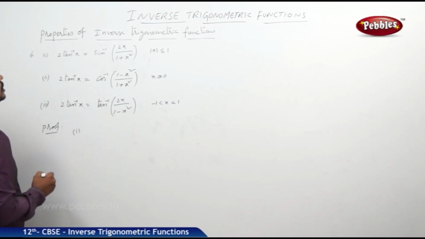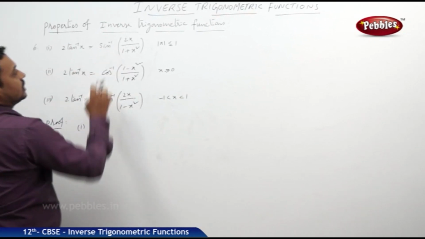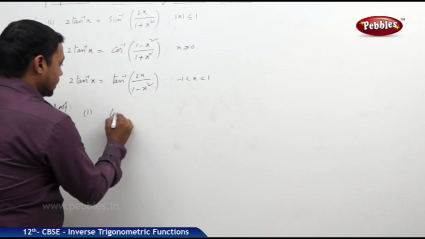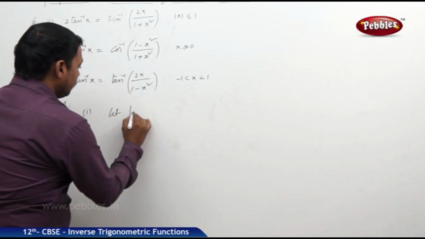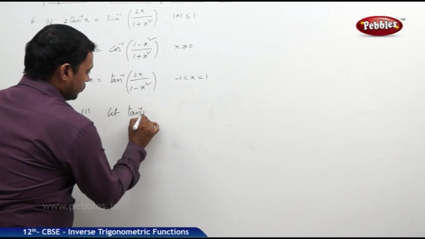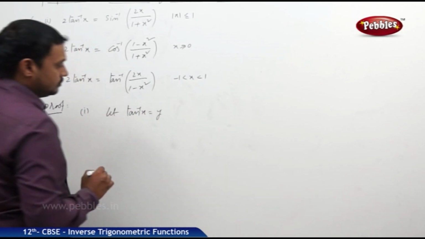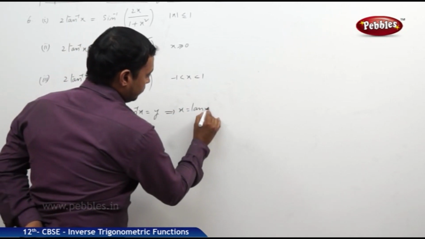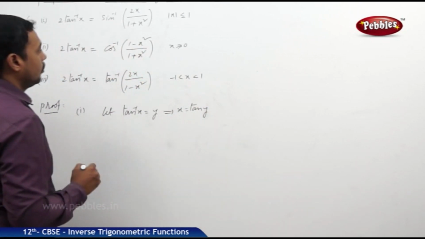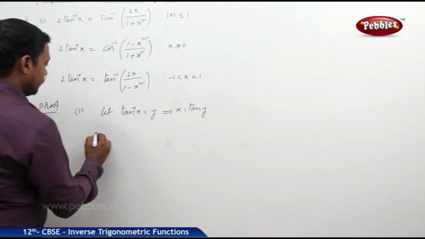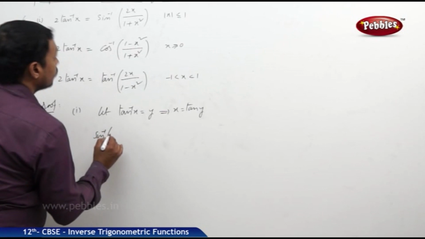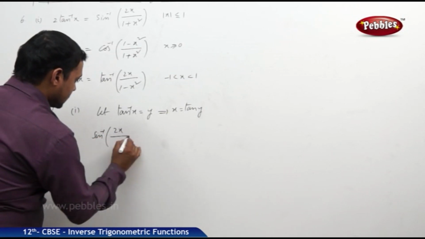First one, 2 tan inverse x is equal to sin inverse of 2x by 1 plus x square. To prove that, let us take tan inverse x is equal to y, which implies x is equal to tan y. Now consider sin inverse of 2x by 1 plus x square.